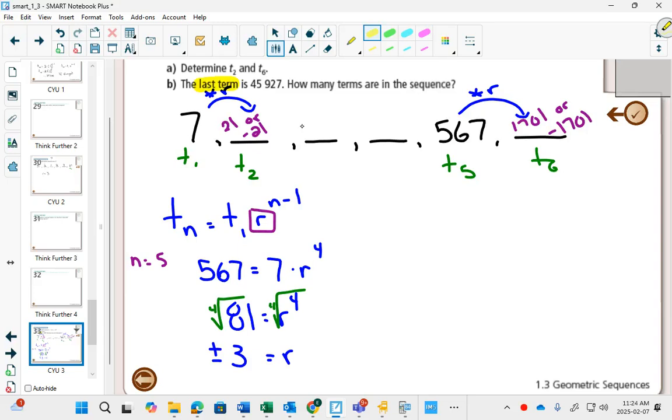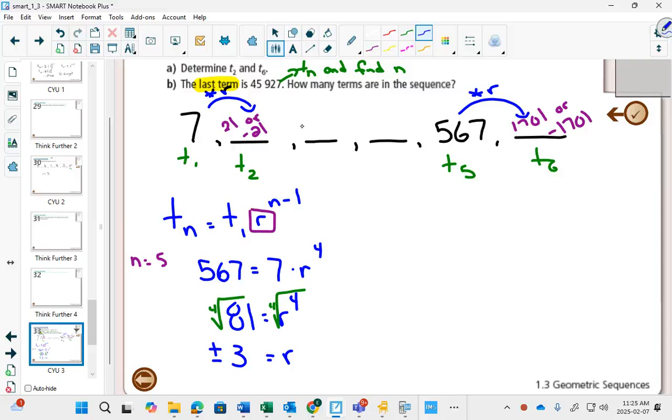Little reminder: when something tells you to find the last term, that means we make this term n and have to find out what n is. So the Tn, sometimes we talk about it standing for the general term, anything in the equation, but sometimes we talk about it being the last term.